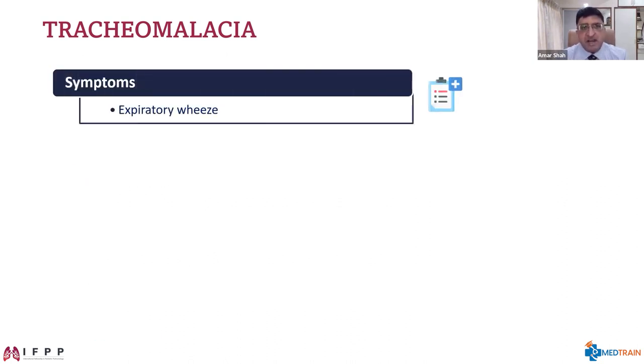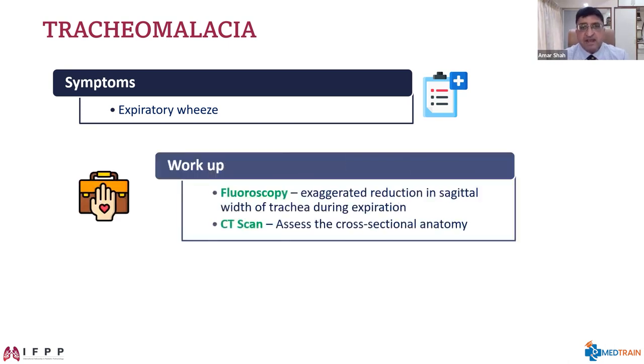The child normally presents with an expiratory wheeze. Fluoroscopy shows an exaggerated reduction in the sagittal width of the trachea during expiration. A CT scan can be done to assess the cross-sectional anatomy.